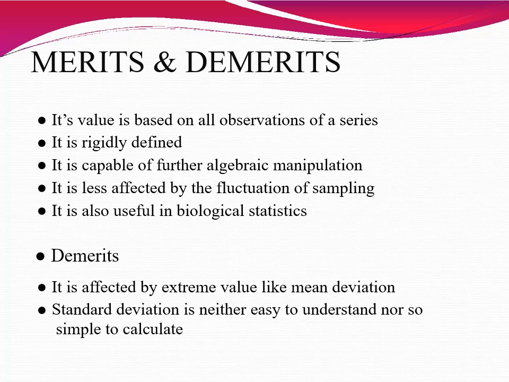Then it is neither easy to understand nor simple to calculate. The formula itself is big, the number of columns and rows we have to put in is more, and it requires some understanding to arrive at the answers.